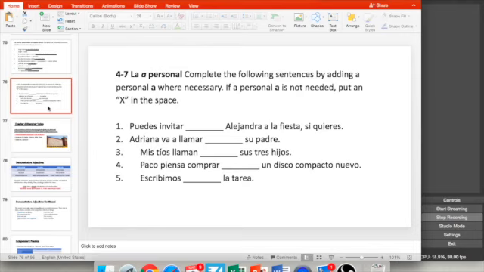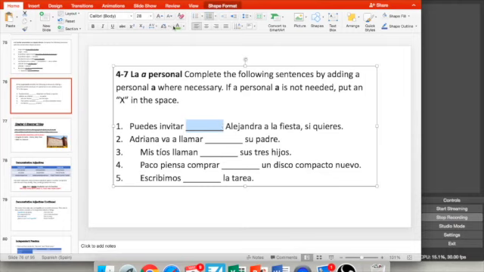Well, in this case, my verb, invitar, and what comes after invitar is a person, Alejandra. So in this case, I do in fact need to use a personal a. Puedes invitar a Alejandra a la fiesta si quieres. I need a personal a.